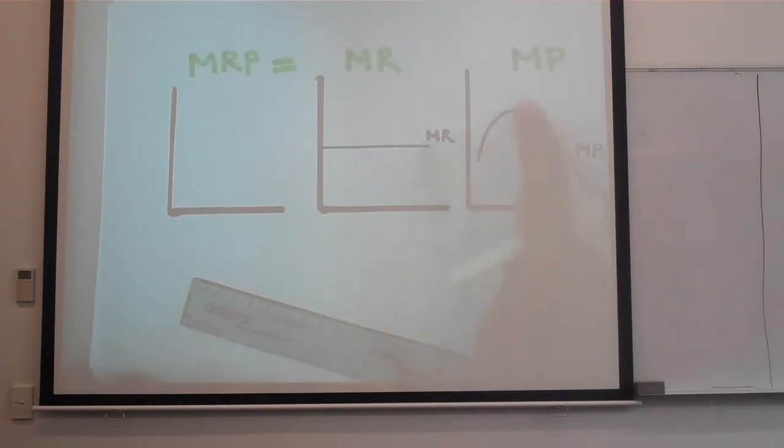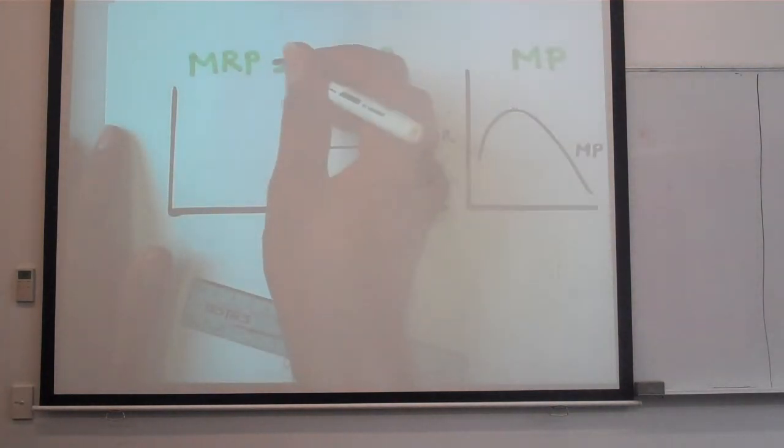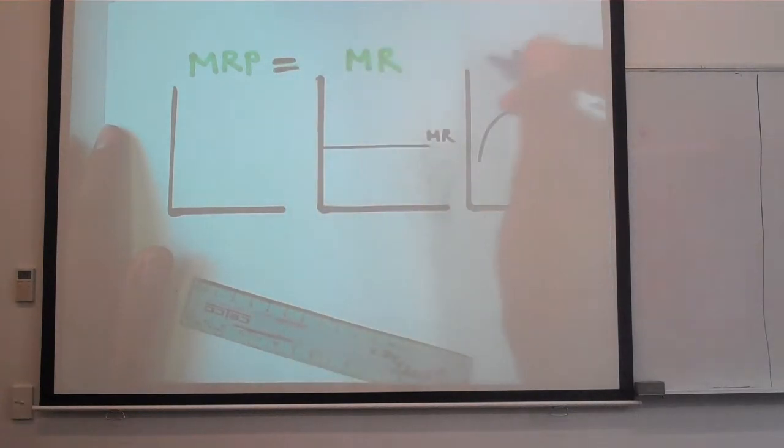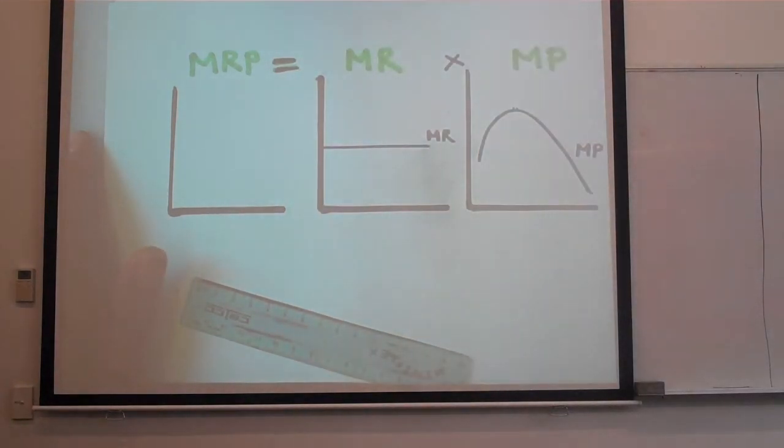Initially, marginal product increases as workers specialize, so the extra product increases, but eventually the capital gets overcrowded and there's diminishing marginal product. So MRP equals MR times MP.